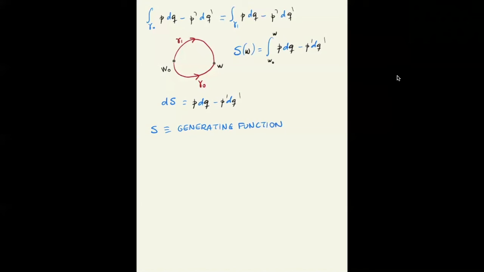It is the generating function of the canonical transformation from the variables q, p to the variables q prime and p prime. Now, since ds is an exact differential, you can take the derivative of this with respect to q, and that then becomes p is equal to ds dq.